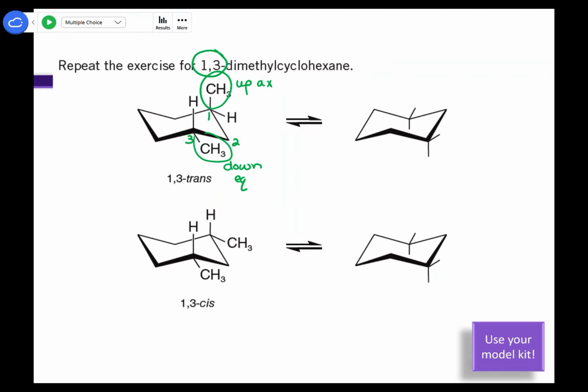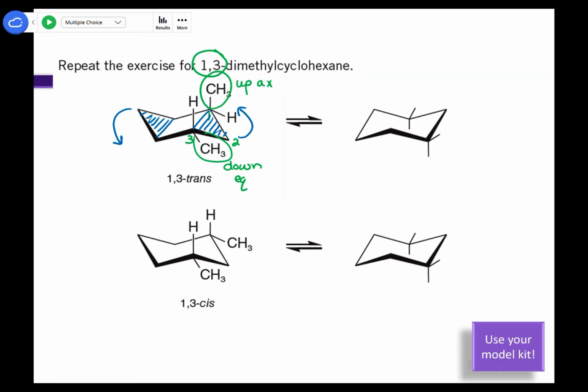So in this structure here, I'll highlight it, I have a down triangle and an up triangle. The up triangle I'm going to flip down. The down triangle I'm going to flip up. Now, keeping it in the same position-ish, my front methyl group is now in a down axial.